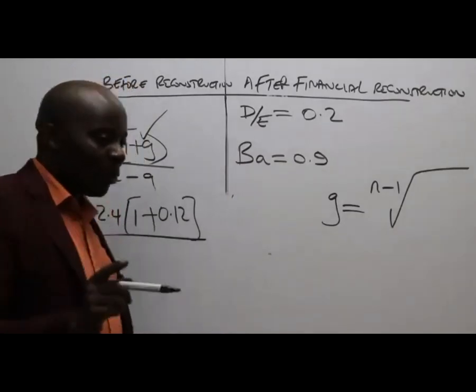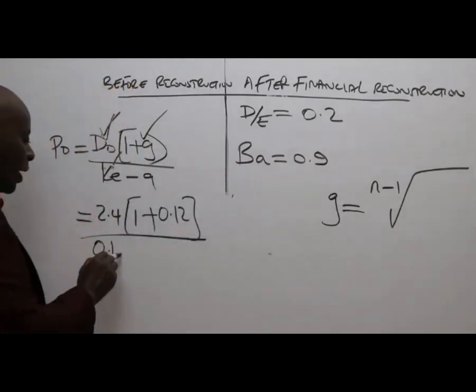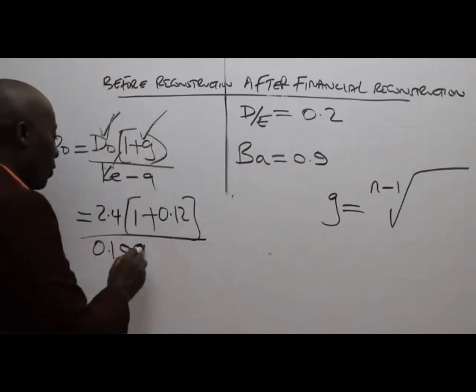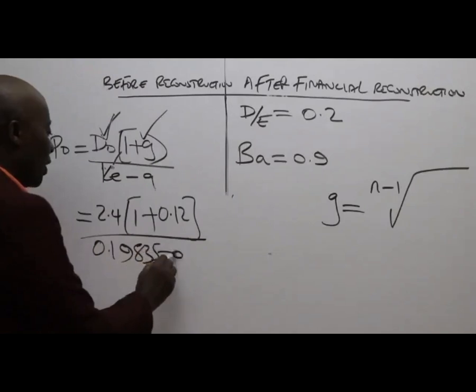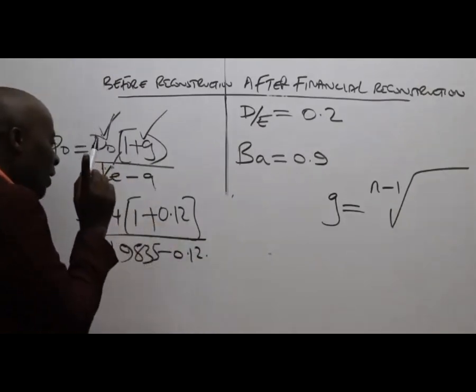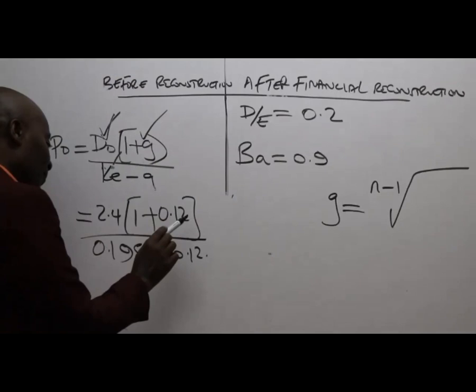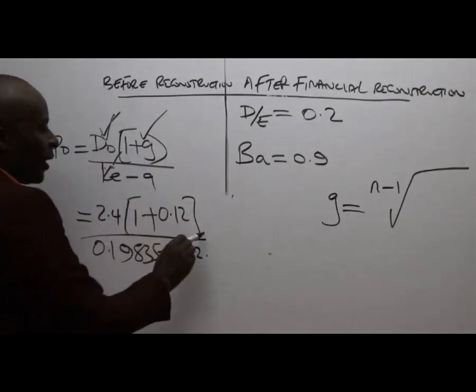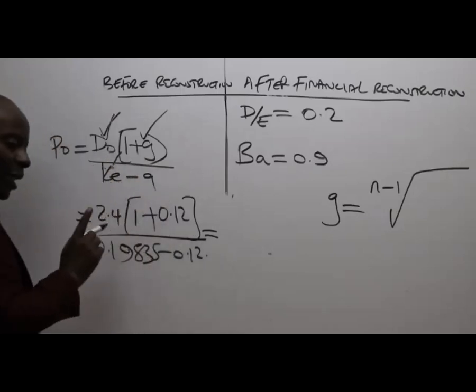So it will be 0.835 minus growth rate of 0.12. Could you kindly go slowly, get the numerator, get the denominator, and then divide. Who can give us the denominator?